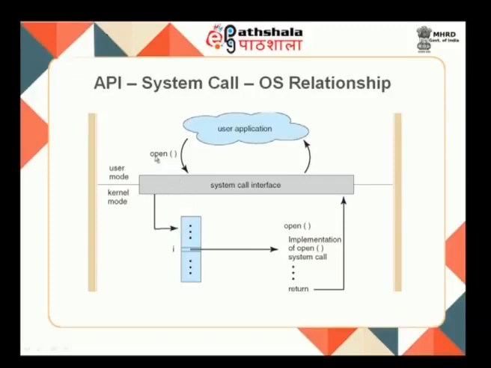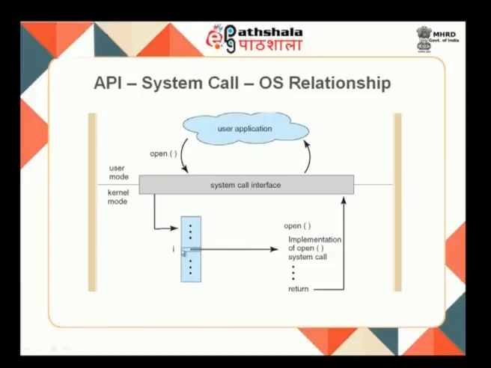As I told you, each system call has a system call number. So, the system call interface will find the number corresponding to this open call and use it as an index into the system call table. From here it will get the address of the routine within the kernel which is to be executed.